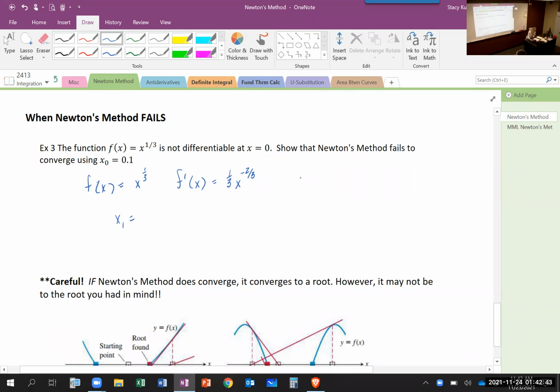And so if we have our first value here and we let x naught be equal to 0.01, what do we get when we put that in for this first iteration? x naught minus f of x naught over f prime of x naught. What do you get?